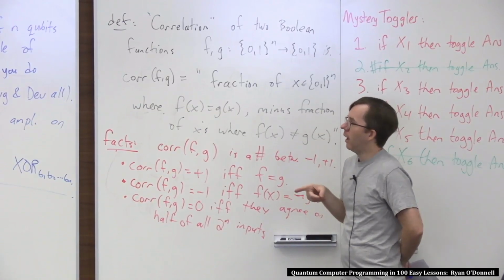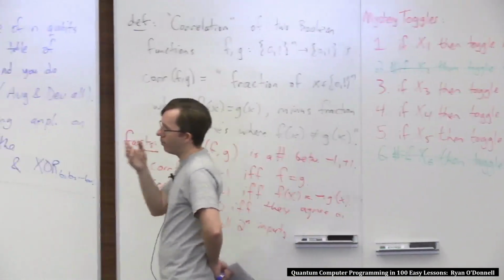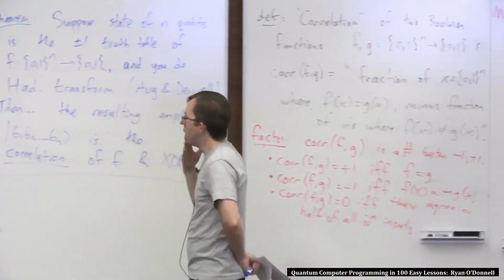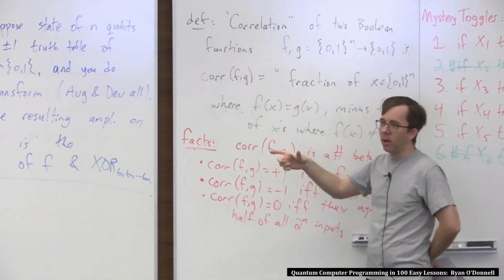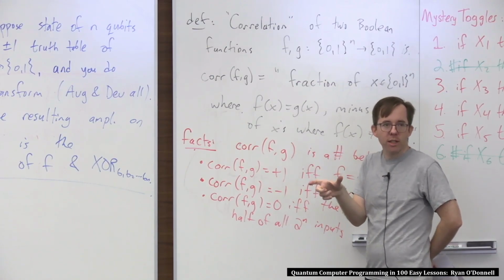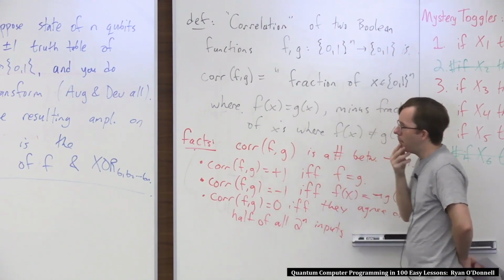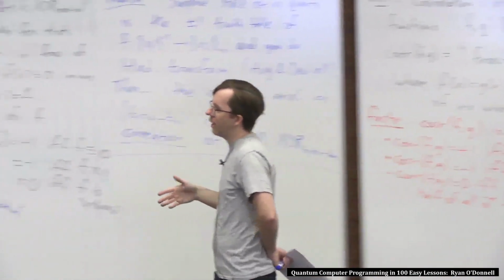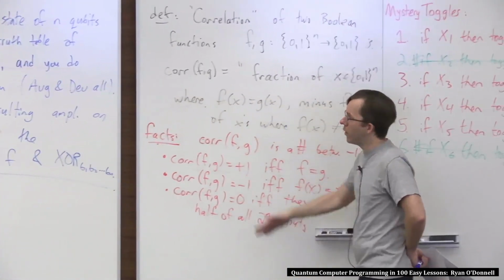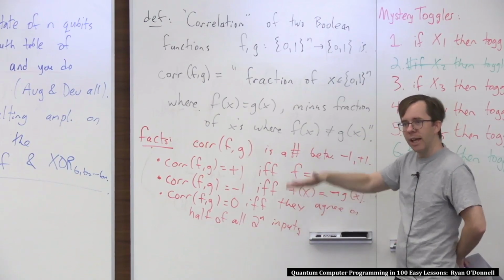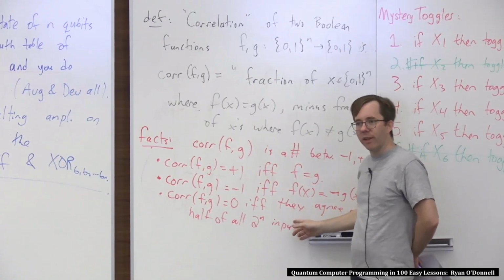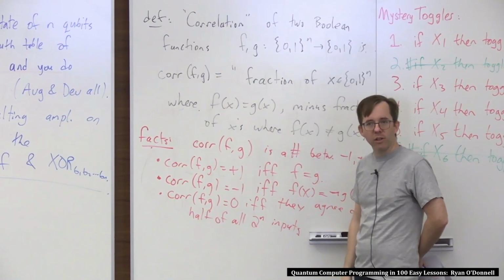But evidently, based on our experiments back in lecture 1, the correlation of XOR sub string b with XOR sub string c for some other string c is 0. Because this thing never printed out anything other than b. So you might wonder, why is it true that if you have the truth table for some masked XOR function and a truth table for some other masked XOR function, their correlation is 0, that they agree in exactly half of all bit strings?